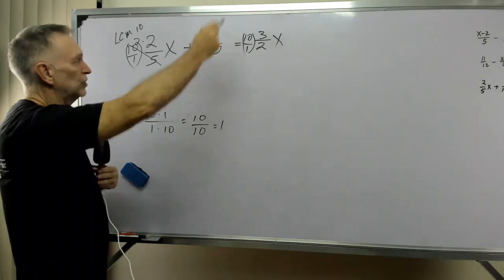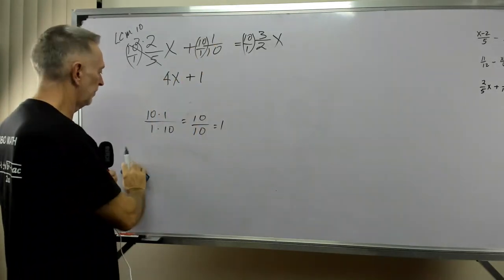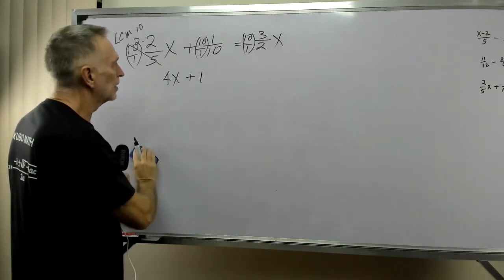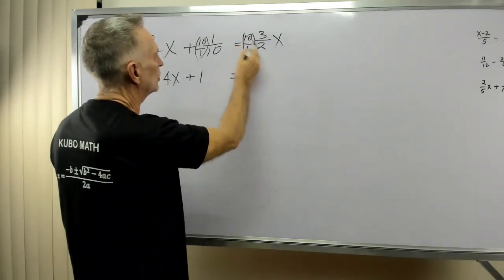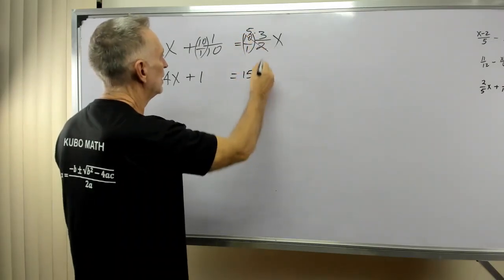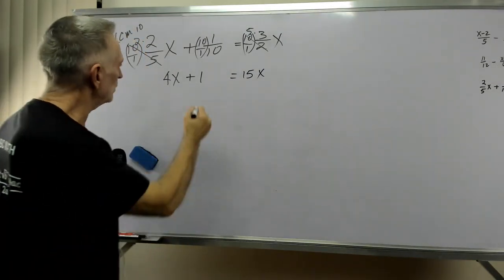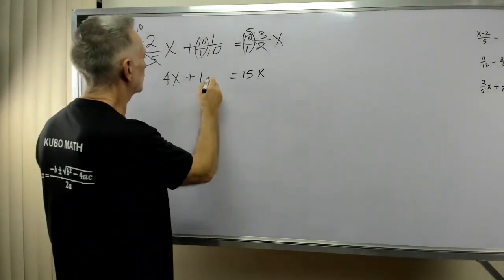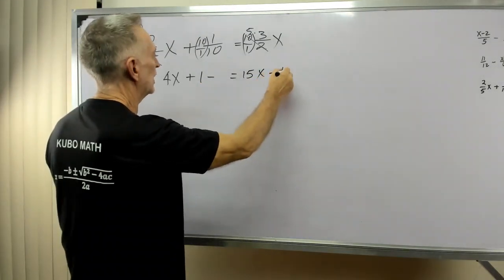Don't think that just cancels, because it ends up being 1. Okay? All right, that equals 10 divided by 2 is 5. 5 times 3 is 15. Times x is 15x. Well, let me just subtract 4x from both sides.